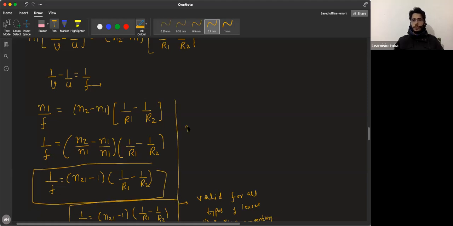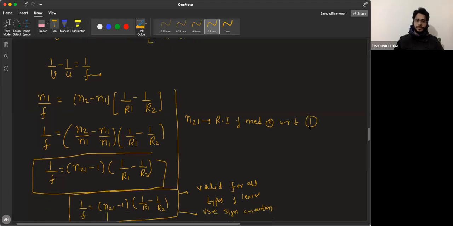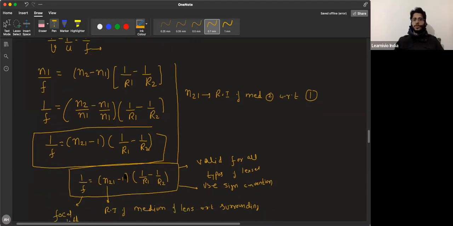So N21 is the refractive index of medium 2 with respect to medium 1. That's N21. So it's N21 minus 1, 1 by R1 minus 1 by R2.